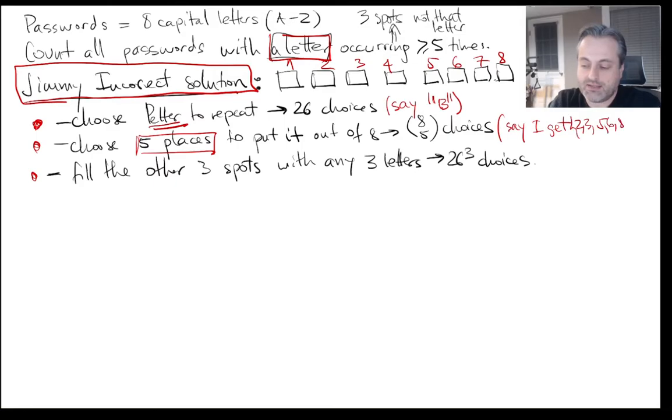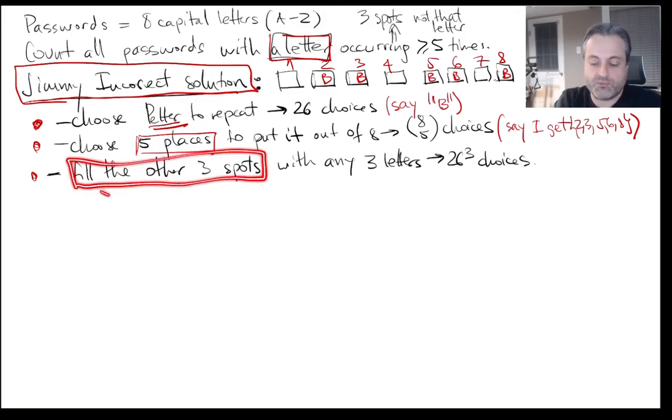Right? I get this particular choice. So then I put the B in 2, 3, 5, 6, and 8. So I've got now a letter repeating. I have it occurring 5 times. Good. And then I can just fill the other 3 spots with anything.